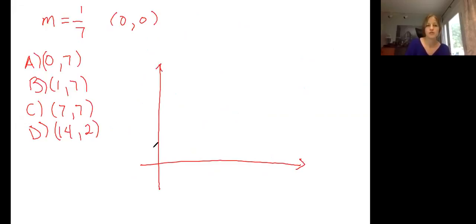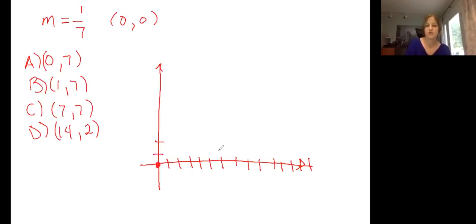I don't have to be too exact with it, but I want to kind of have the right idea here. 1, 2, 3, 4, 5, 6, 7, 8, 9, 10, 11, 12, 13, 14. Okay, so my starting point is the origin, (0, 0), right? So I can put a point here. And then my slope is 1/7.